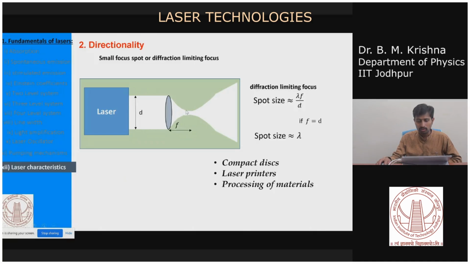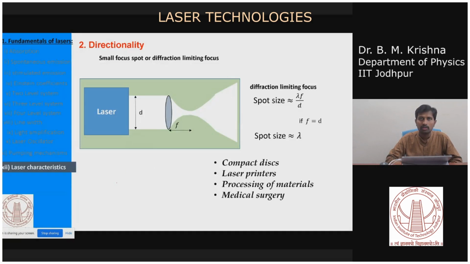All the photons you are focusing to a spot size of lambda or close to lambda. Now assume all the photons are at this same point, that means it's very bright and highly intense. That is the way you can use it in different applications, like medical surgeries, and this is very beneficial.